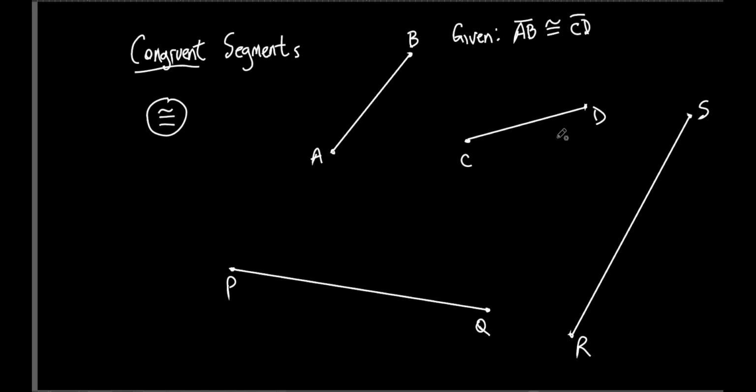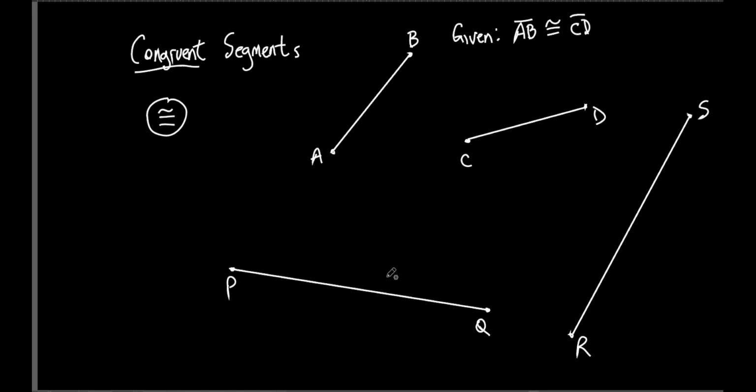We can say that their lengths are equal to each other, but we don't say the line segments are equal. We say that they are congruent. That's the difference between equal and congruent. Equal means they're the same exact line segment. Congruent means that they're two different line segments, but they have the same length. That's pretty important, because a lot of people get confused on that.